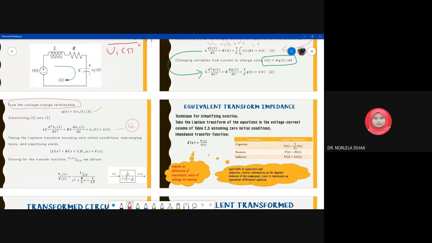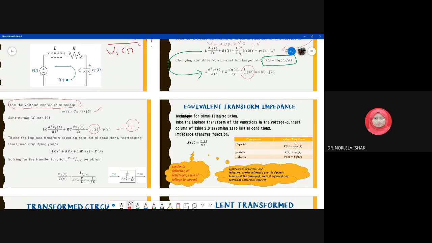Once you get your equation number 4, you can see from here, this is our VC. This is our voltage capacitor based on the relationship between charge and voltage.